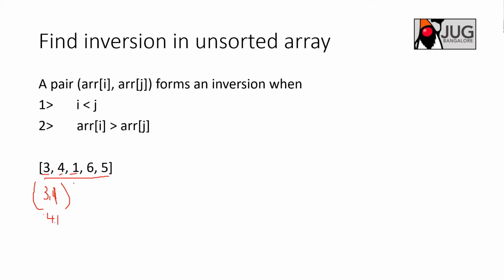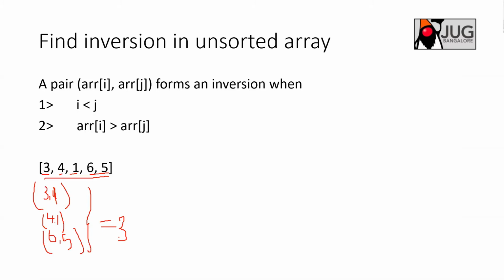Next, 1, 6 doesn't make any inversion. 3, 6 is not an inversion. 4, 6 doesn't make one either. So this kind of question is being asked.